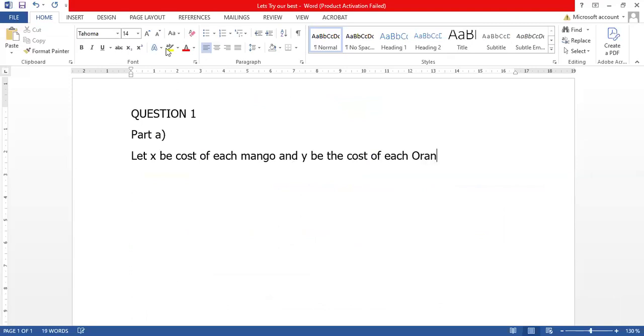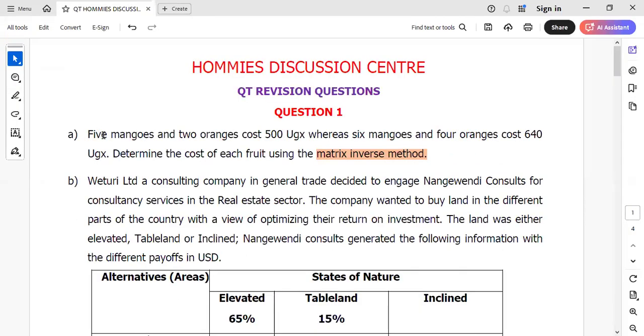Once you define, then you can form the equation. You are told that 5 mangoes, so it is 5 times X, that is 5X, and plus 2 oranges.